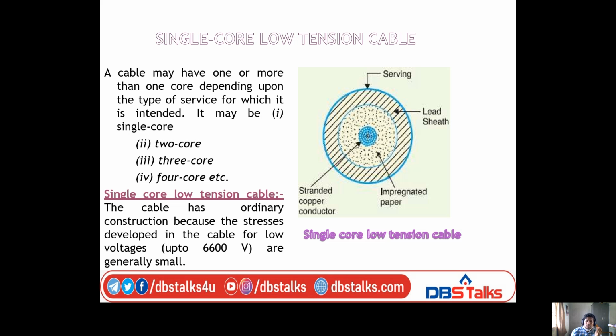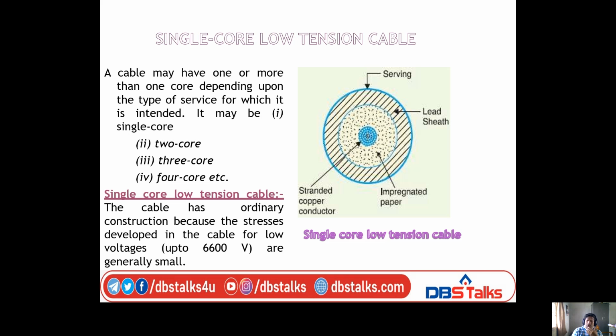Now this single core low tension cable may be utilized as single core or it may be a 2 core or a 3 core and sometimes it may be utilized as 4 core also. That means 2 single cores, 3 single cores and 4 single cores.